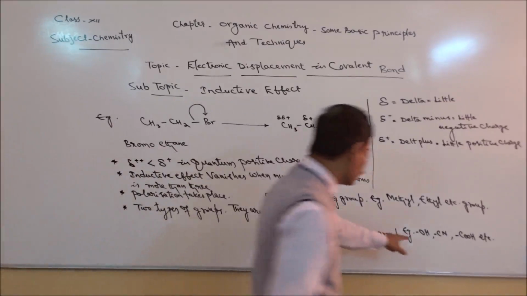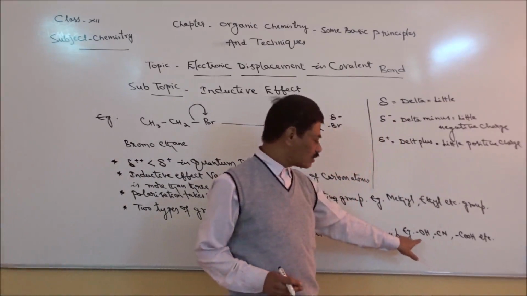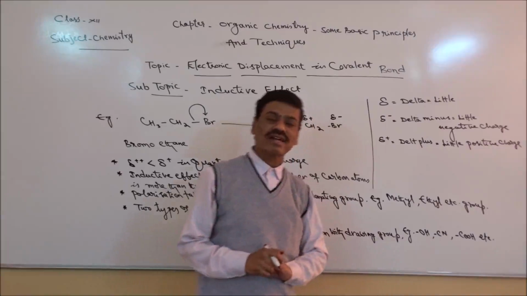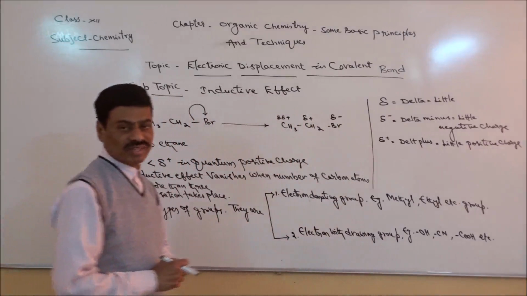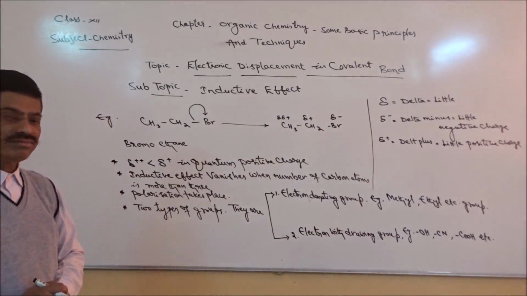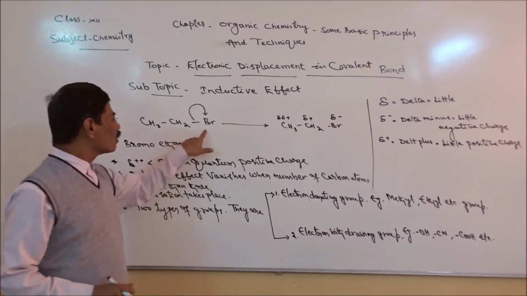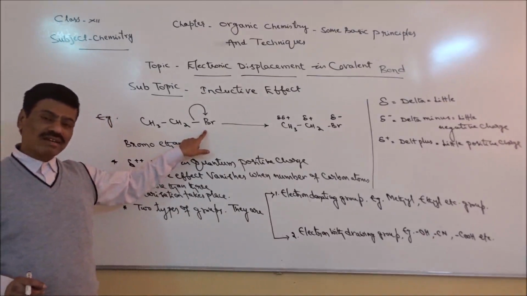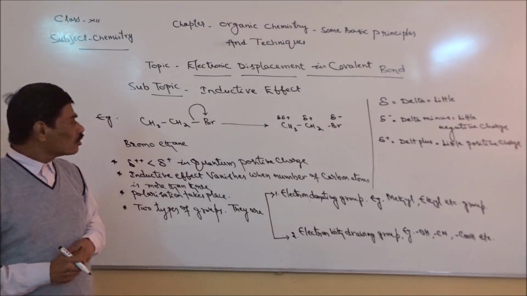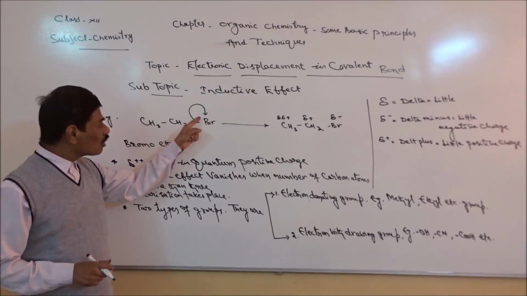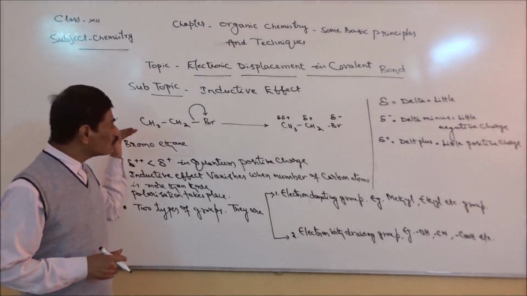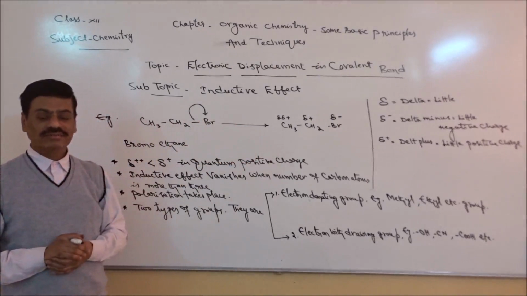Here we can write X, single bond X. X stands for halogen. It can be chlorine, bromine, iodine. Here Br pulls electrons towards its side because it is more electronegative. So the head of the arrow mark shows that the electron is pulled towards its side.